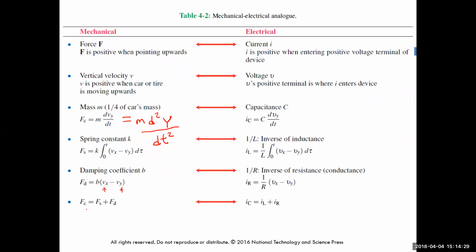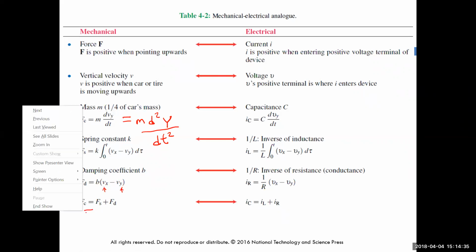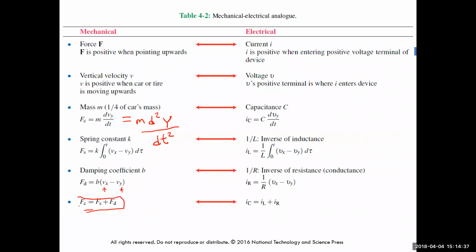And then these, or maybe the pictures, because if Fc is positive, because it's going up, and Fs and Fd are going down, then they would be negative.